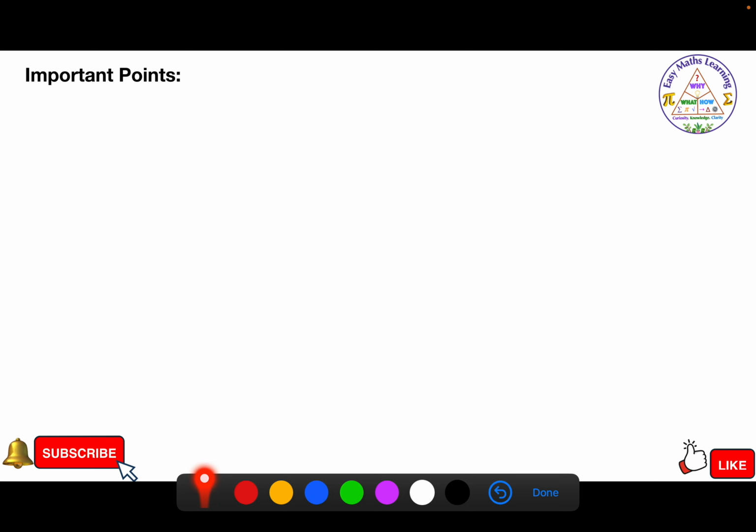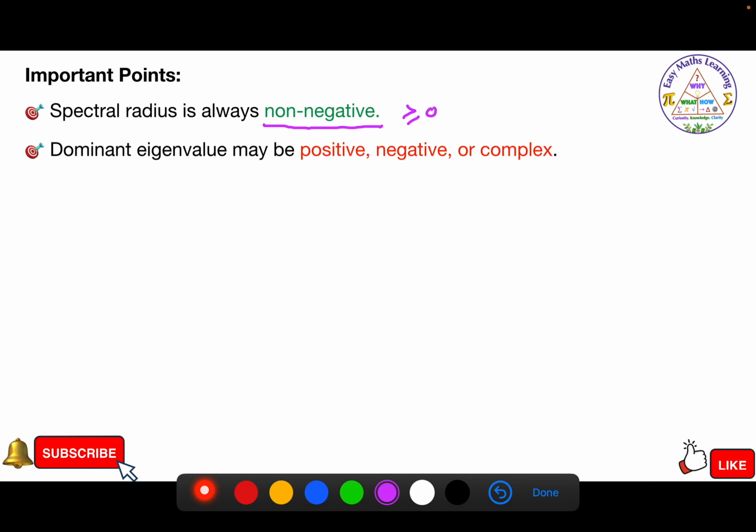Now we discuss important points related to dominant eigenvalue. So first is spectral radius is always non-negative. Okay, as we have defined spectral radius as the maximum of modulus of eigenvalues, definitely it is always greater than or equal to 0 because magnitude is always greater than or equal to 0.